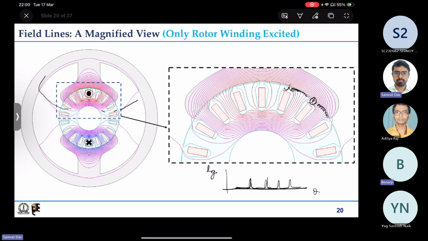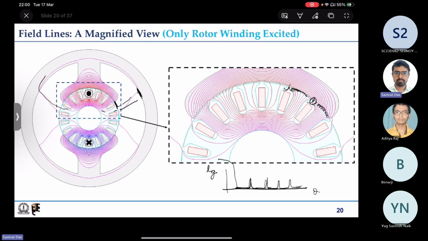And when you actually go to these regions where flux lines are flowing from the rotor teeth to the stator yoke, then the length is quite big, and we do not have any expression for that because it's difficult, but the length will be quite high.